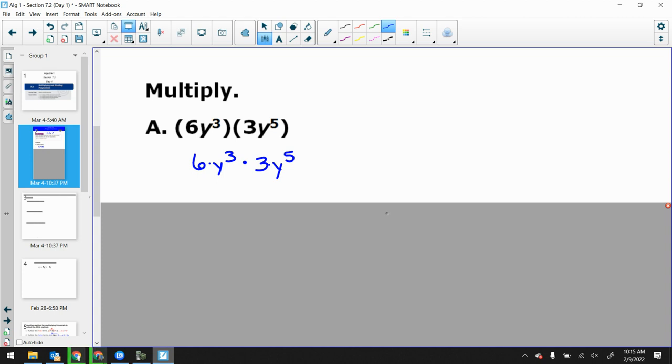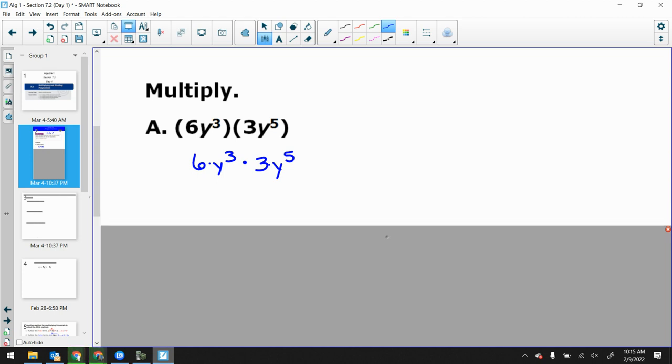What I can do is multiply the 6 and the 3 together. What is 6 times 3? 18. And then I can group together the y to the third and the y to the fifth. What is y to the third times y to the fifth? Y to the eighth. Add exponents together. And that's what I have when I multiply those 2 monomials together.